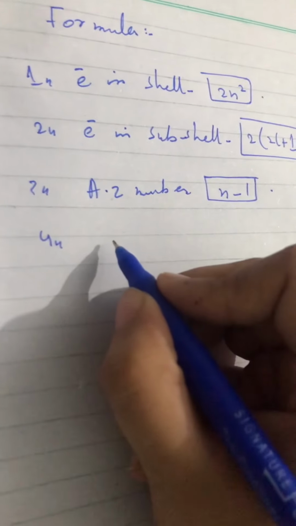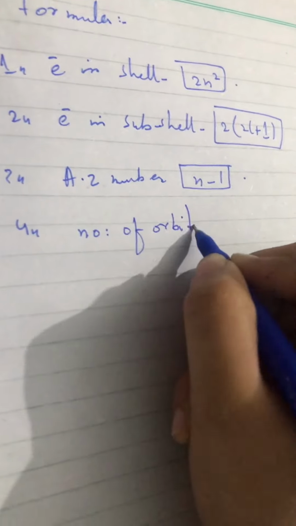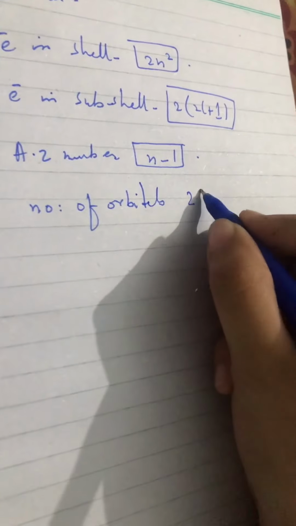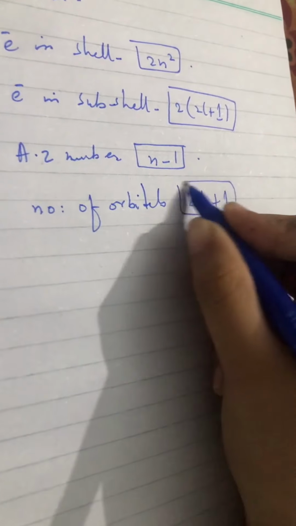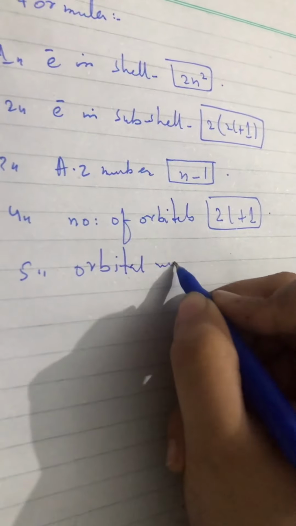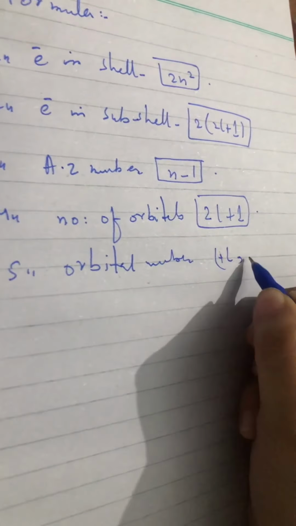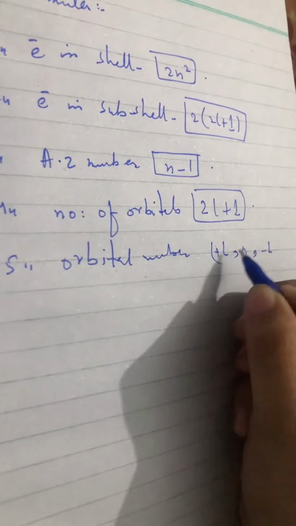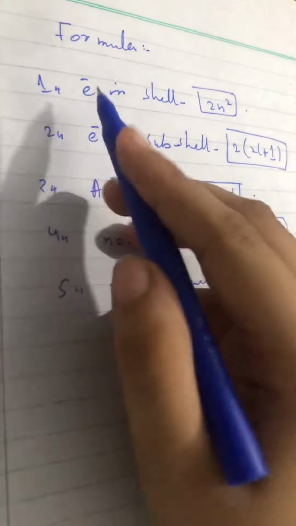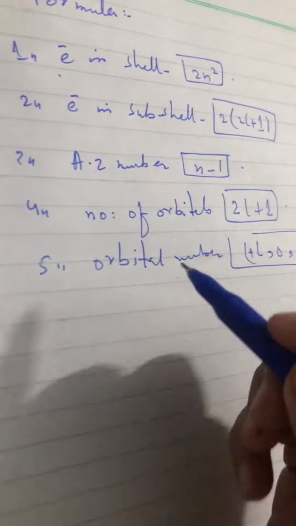For finding the number of orbitals, that is 2l plus 1. For finding orbital numbers, that is positive l, 0, negative l. You can remember all these formulas, so you can find electrons in subshells, electrons in shells, azimuthal numbers, number of orbitals, and orbital numbers.